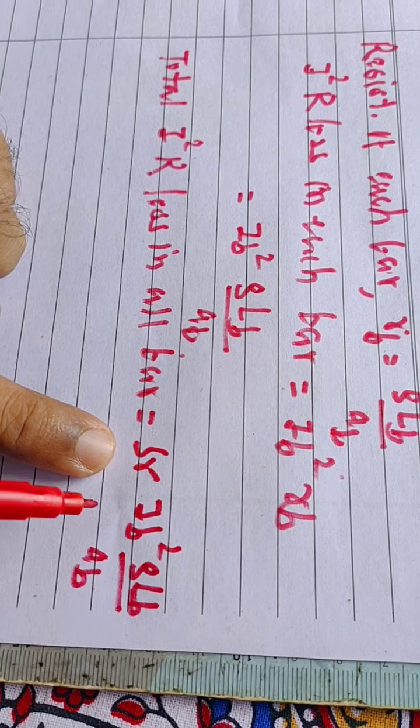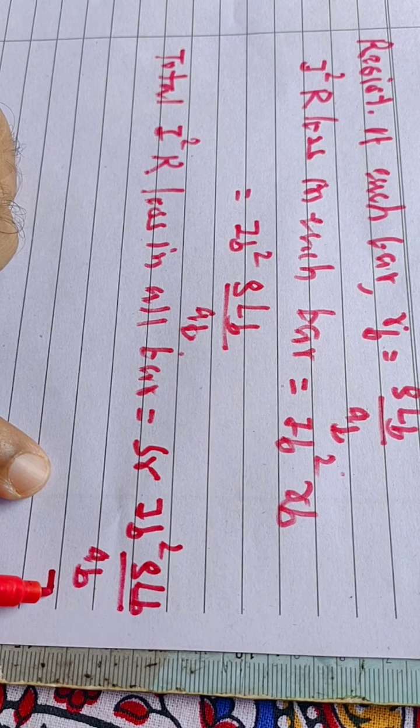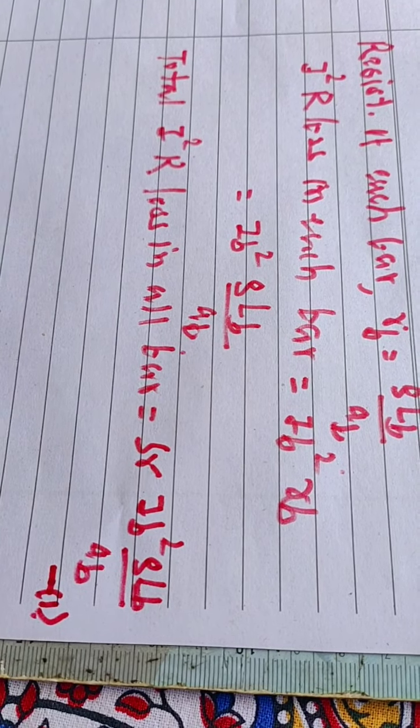So we get the total copper loss in all the bars. Let this be equation number 1.